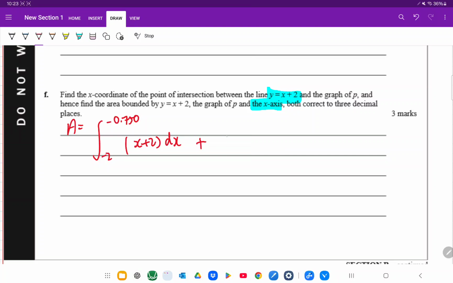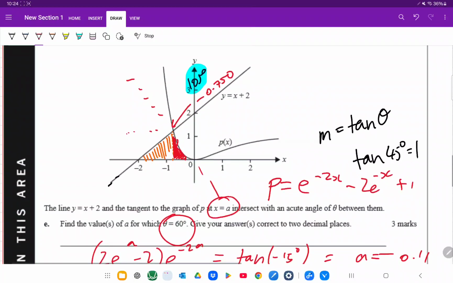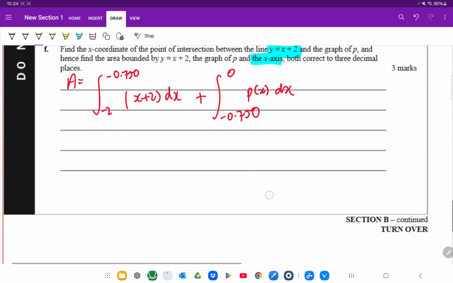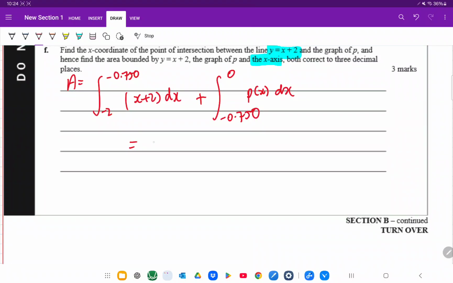And then we're going to add that with the area from negative 0.750 to 0 for p of x dx. Now, how did I know it was that? Well, remember, this is section 1, and that's section 2. And from that point, if you plug this all into the CAS, you'll get the answer 1.088 onwards. And the key thing with this is just making sure that you understand that it's bounded by the x-axis.